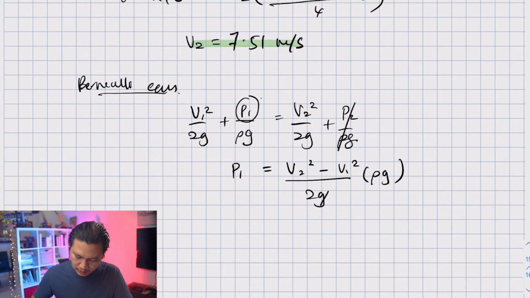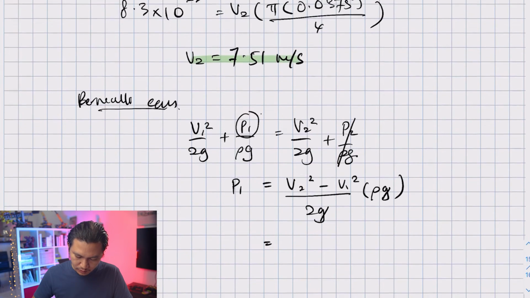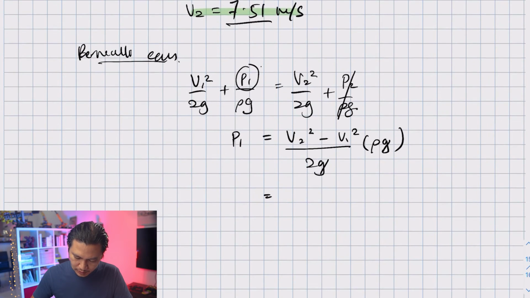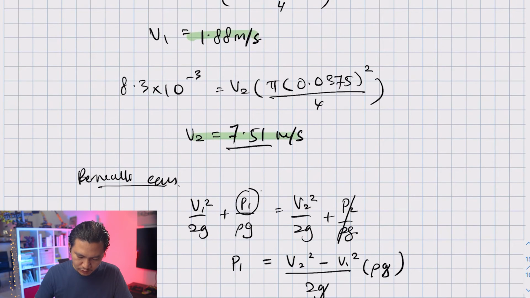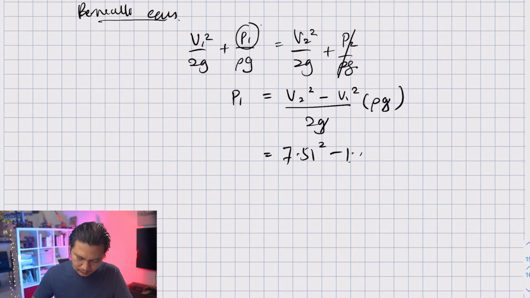And you can cancel g out, and we know that our V2 is 7.51 squared minus V1 is 1.88 squared over 2 times rho. Rho is 1000.